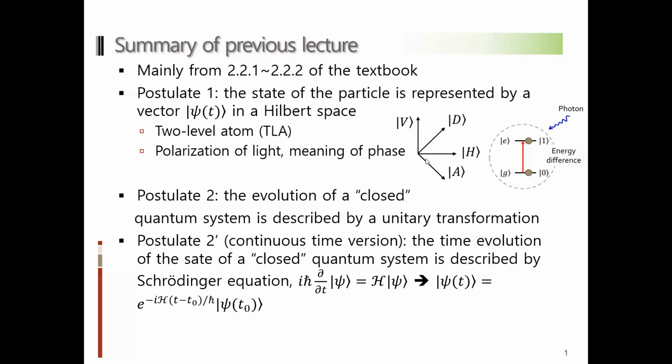But in principle, there is no reason why we cannot have complex numbers as the linear coefficients of those vectors. In generalized form, the coefficient can also be interpreted as the shifted phase of a sinusoidal wave. So I explained to you the meaning of the phase.